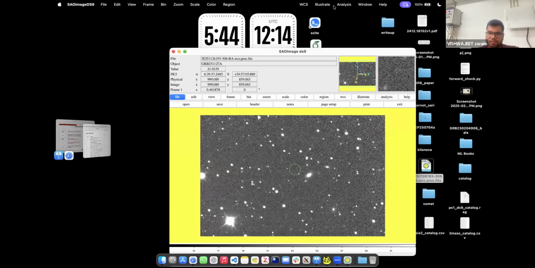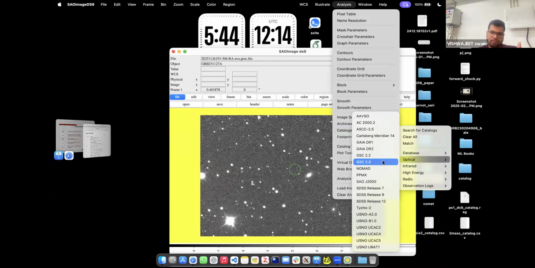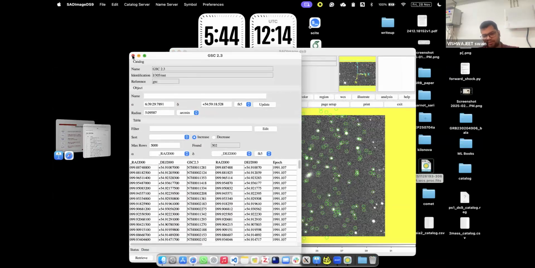So we can actually load the catalog from a query. We can go to analysis, catalog, and then optical, and then you can select anything. Usually I select the GSC 2.3 because it's more like a complete catalog, and it is famous for the astrometry, not for the photometry.